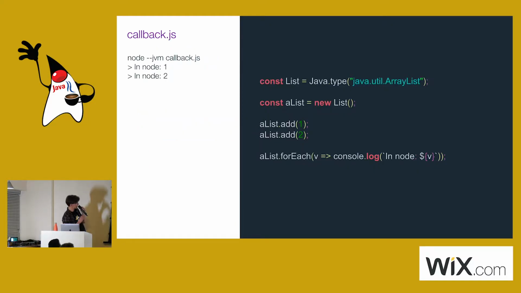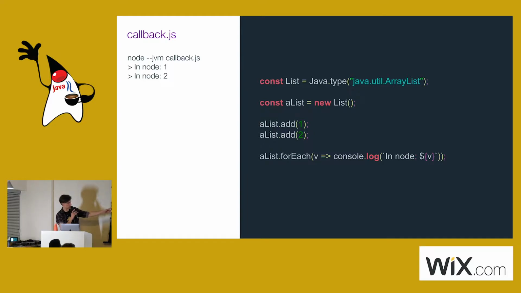So callbacks, as I mentioned, Graal nicely allows you to do this. It's just Java code pretty much. You get the ArrayList type, you instantiate it, you add a couple of items, and there's a forEach method on the list, which allows you to give it a lambda, and it executes it.